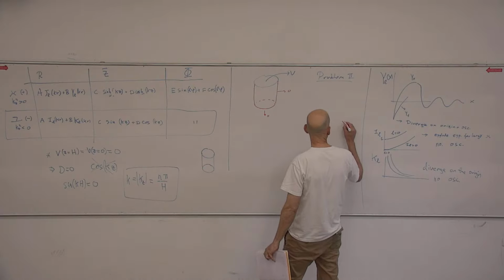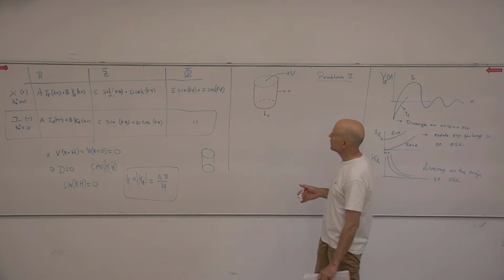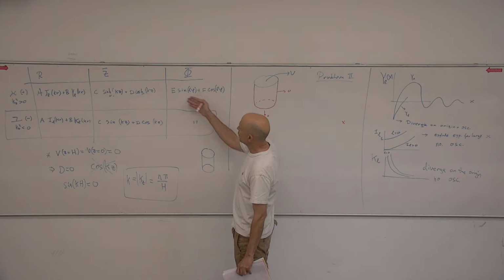So now we are already experts. What happens with L equals 0? Now we can do it a bit faster. L equals 0 because there's no phi dependence.